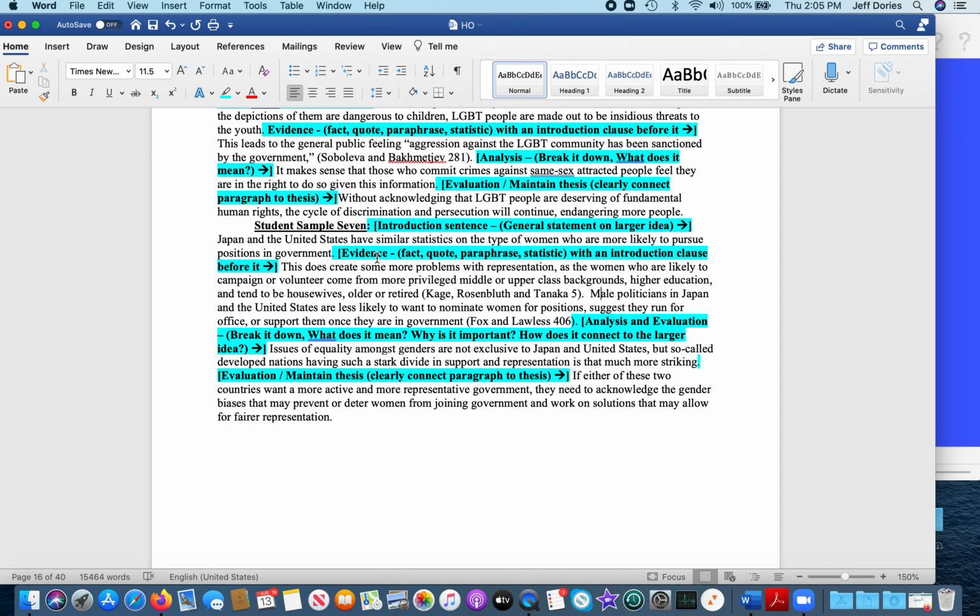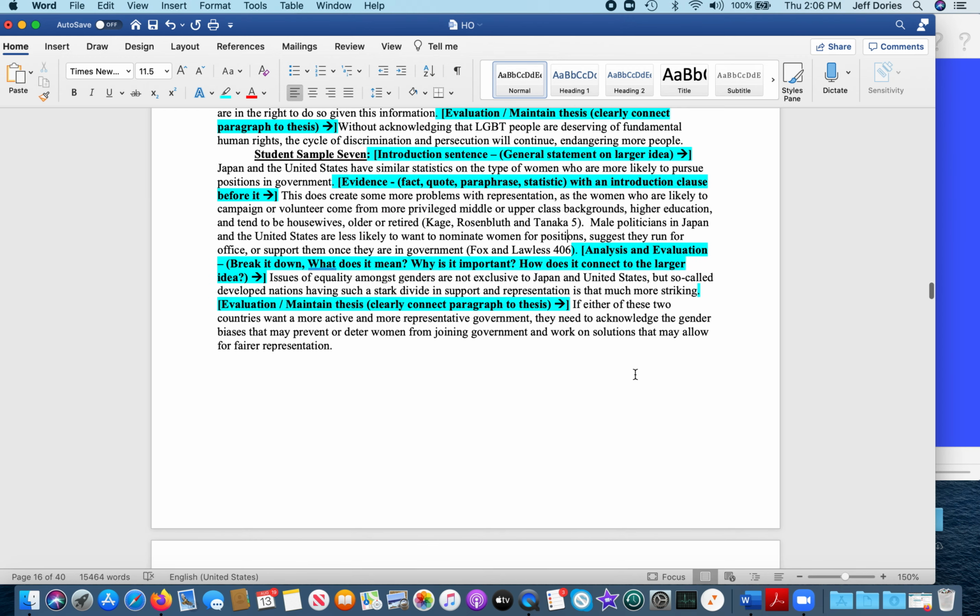This paragraph needs to be redone to add more analysis of this evidence, explaining what it would mean that men are less likely to nominate for positions. What effect would that have, right? So definitely this paragraph needs more specific analysis. Okay, evaluation and maintain thesis.